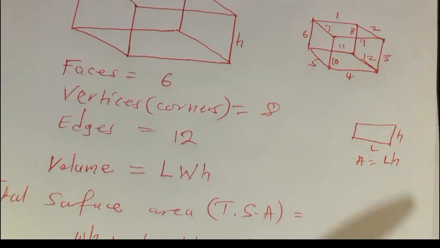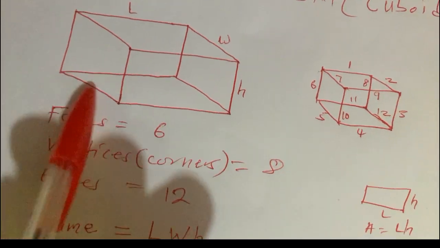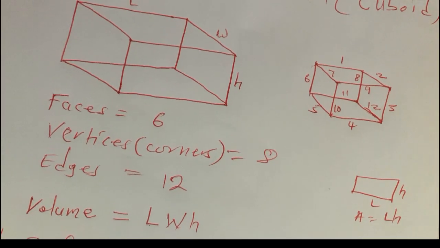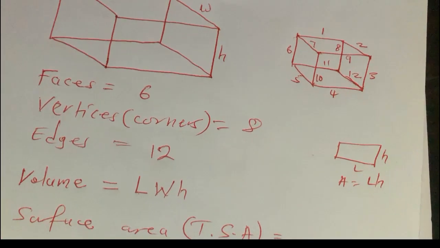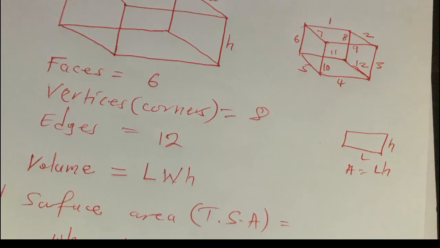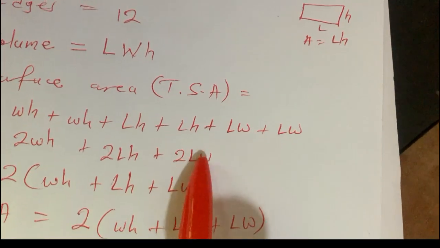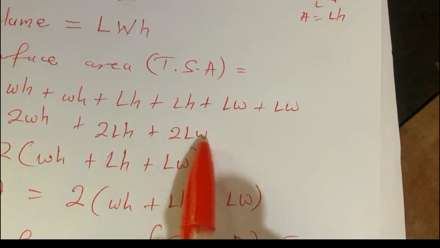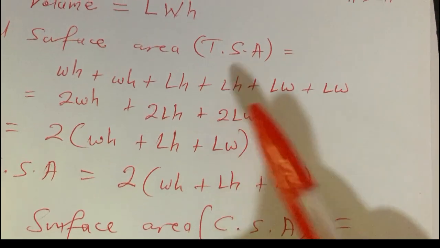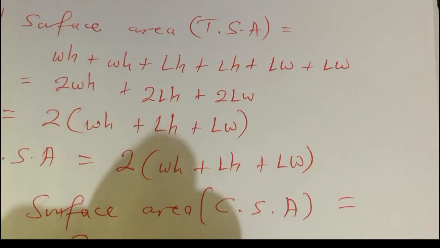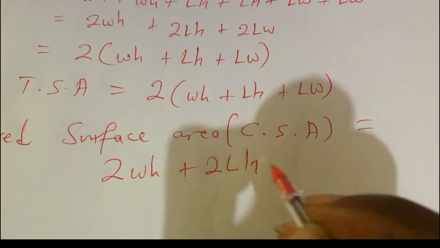Looking at the total surface area, the base is LW and the top is LW. So when we remove the LW for the base and LW for the top, 2LW is eliminated from this formula, and our curved surface area is going to be 2WH plus 2LH, right?